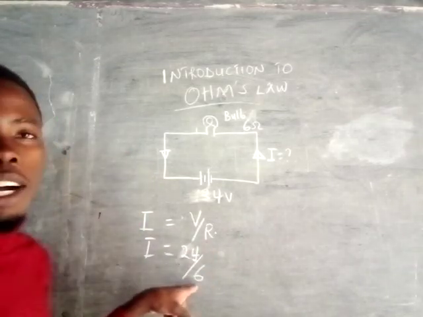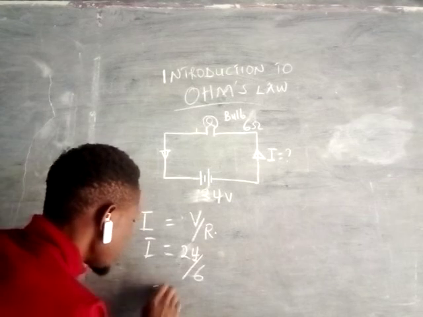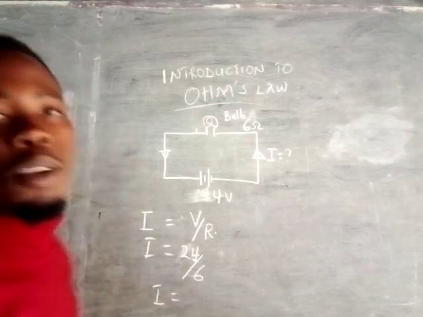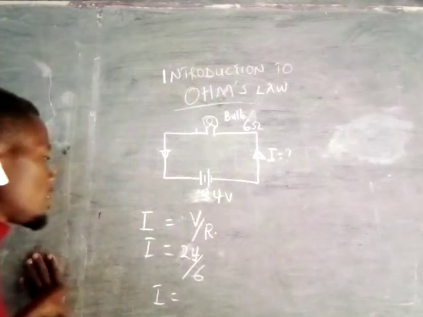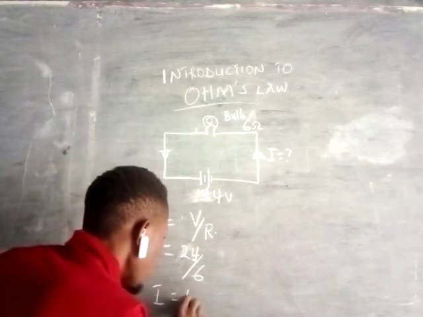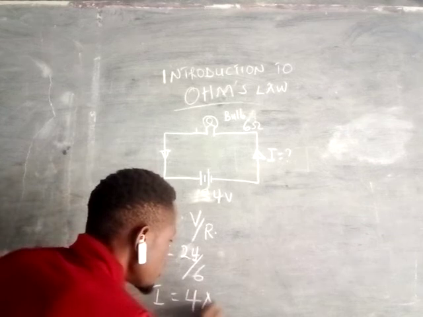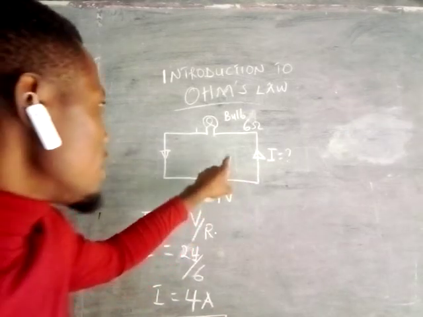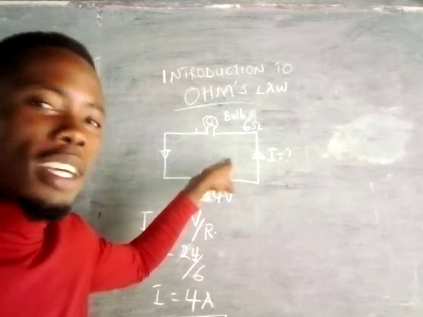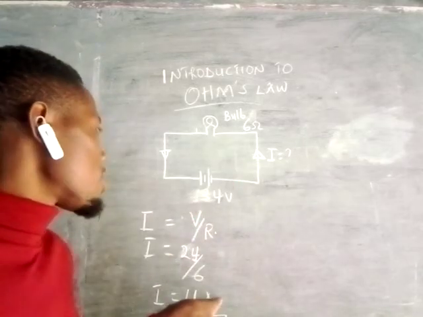Now we are going to cancel. Therefore our current equals 24 divided by 6, that is 4 amps. So here the amount of current in this circuit is 4 amps.